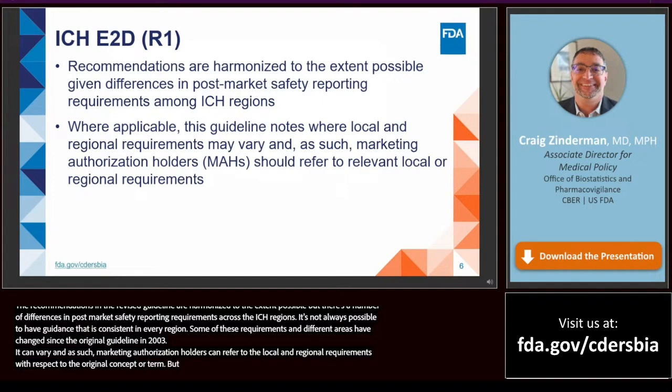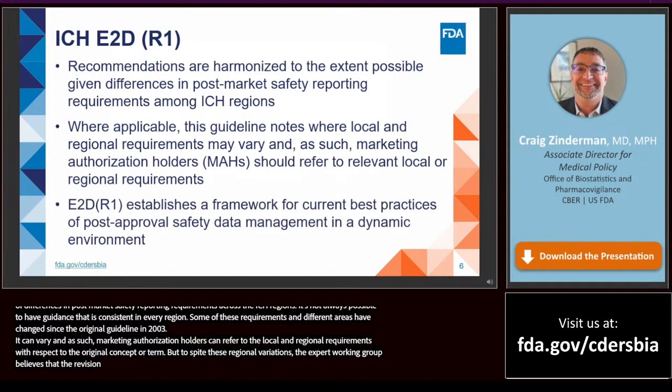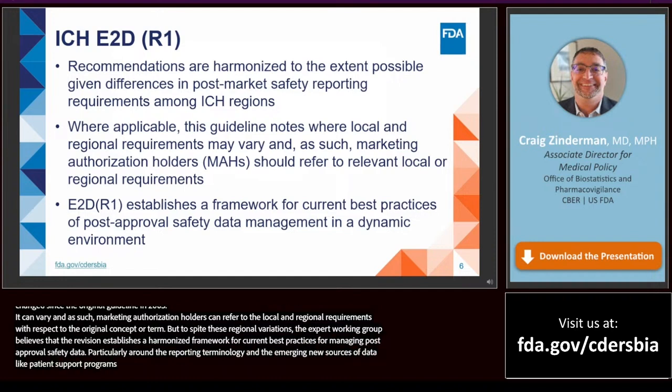But despite these regional variations, the expert working group believes that the revision, the E2D R1, establishes a harmonized framework for current best practices for managing post-approval safety data, particularly around the reporting terminology and the emerging new sources of data like patient support programs and digital platforms.